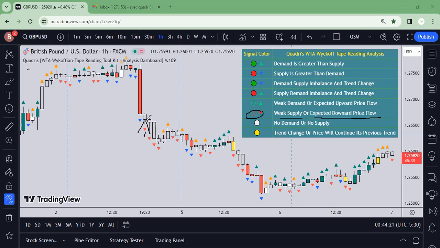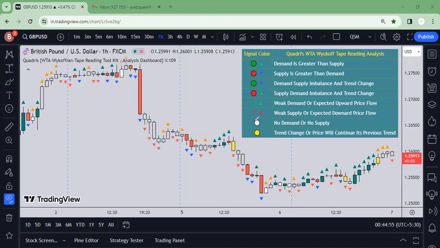Weak supply, by the word, means supply is getting weaker. When supply is getting weaker, in coming sessions we are expecting price to go upwards. If that is not the case, then the second thing is price should continue to go downwards with ease.